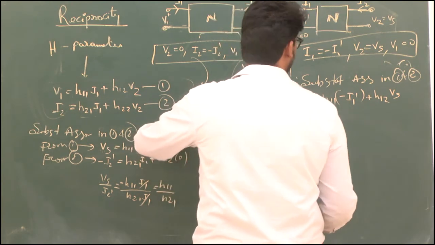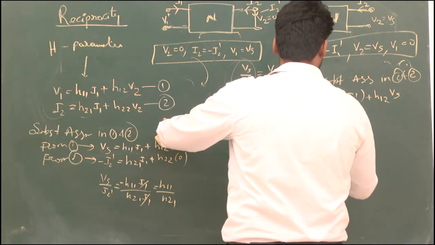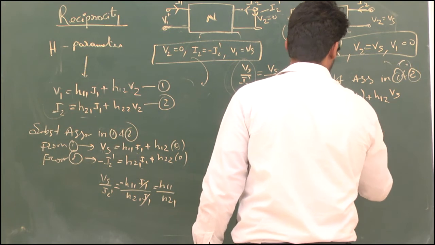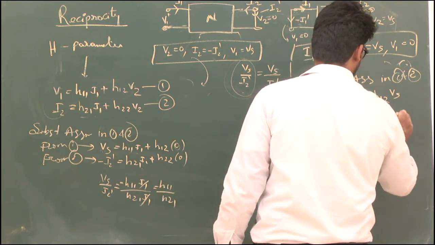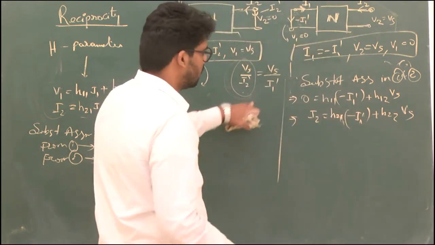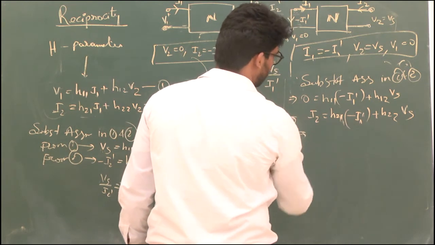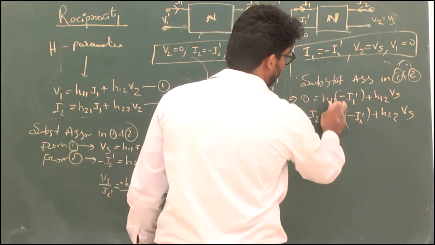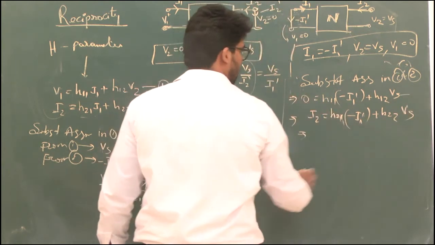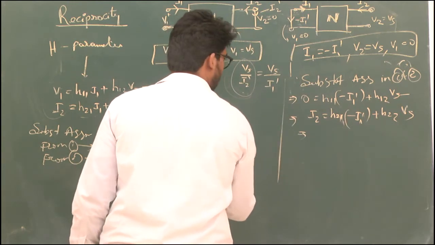From equation 2 we replace I2 the same way, and h21 I1 is replaced with minus I1 dash plus h22 V2, with V2 replaced with Vs. So we need Vs by I1 dash from this circuit. Let us say this is equation 3 and this is equation 4.